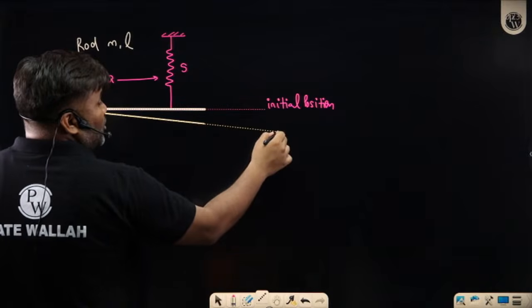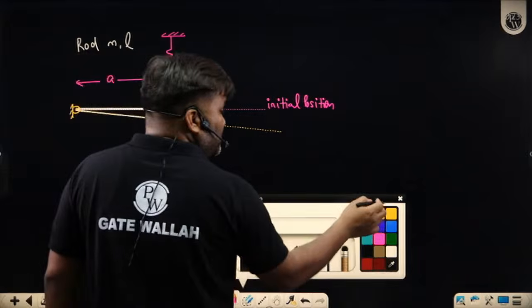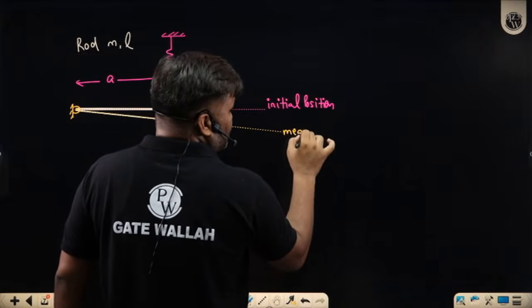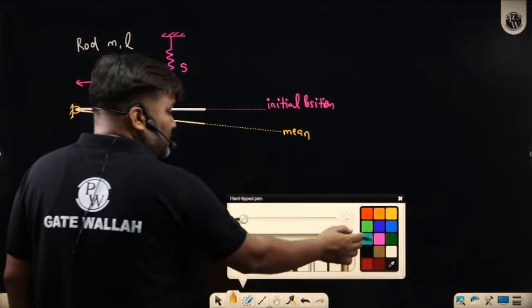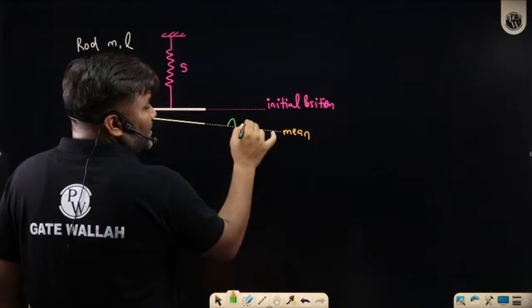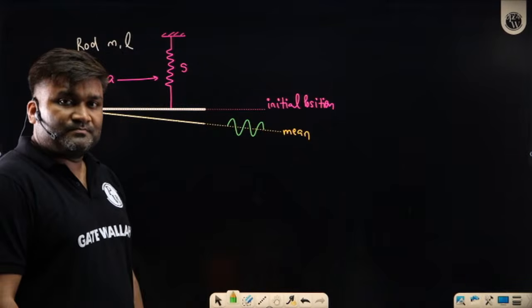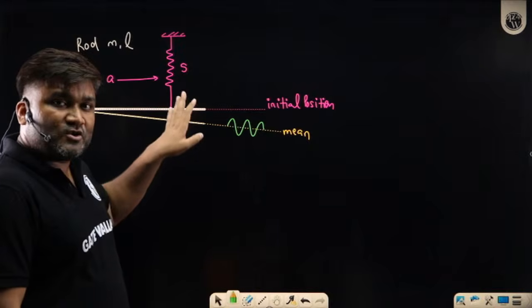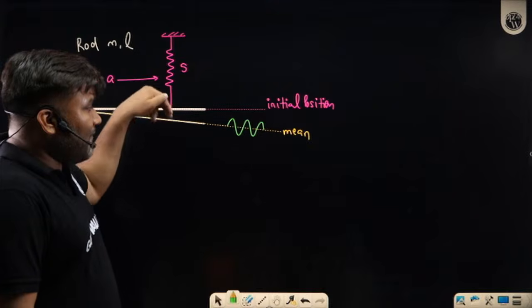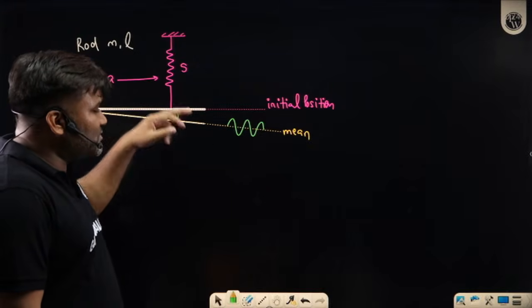So now the rod is not resting here, it is actually resting here. That's your mean position. Now if you disturb this setup from the mean position, it will vibrate about this mean position. How many of you can feel that in this situation where you have kept the rod horizontal, the weight of the rod has already been cancelled by the initial deflection of the springs?